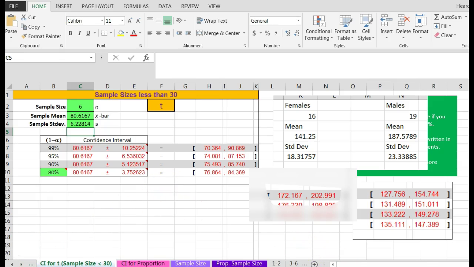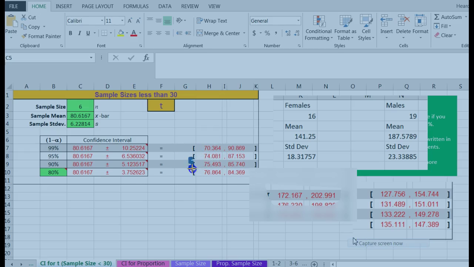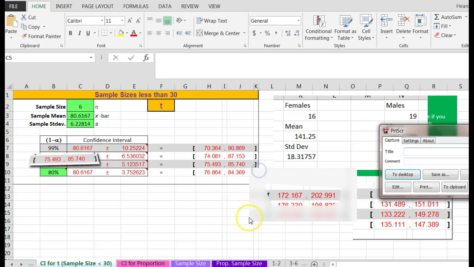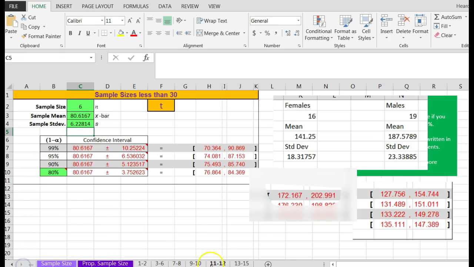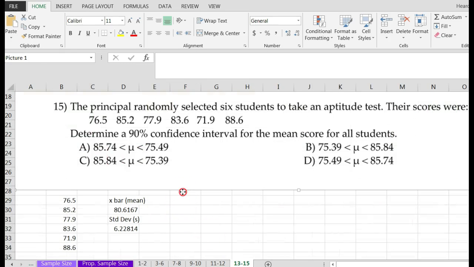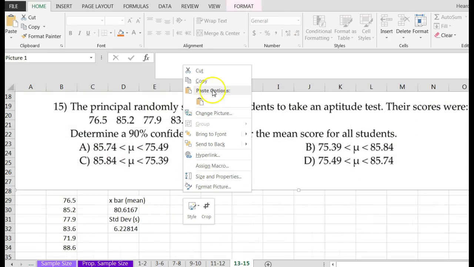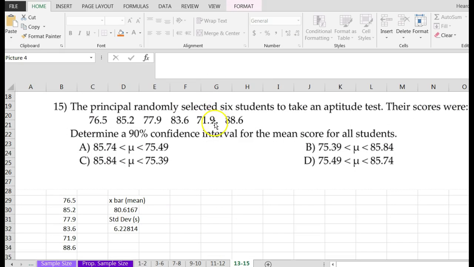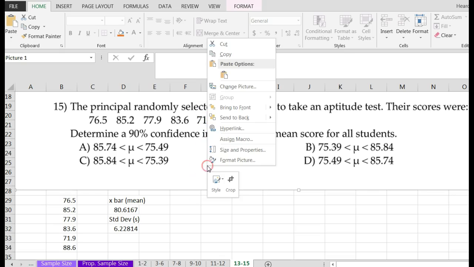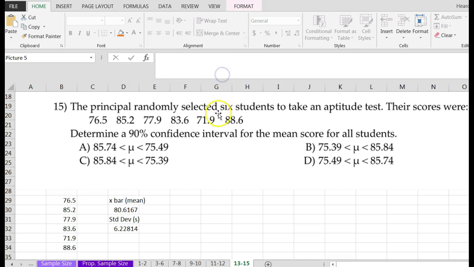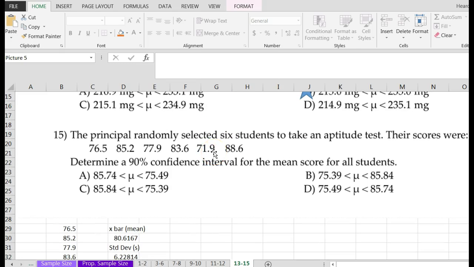I'm going to cheat and take a picture of it. That way I'll know it. I'll go back over here. I'm going to paste it here so I can compare it. Where did I paste it? I can't find it.